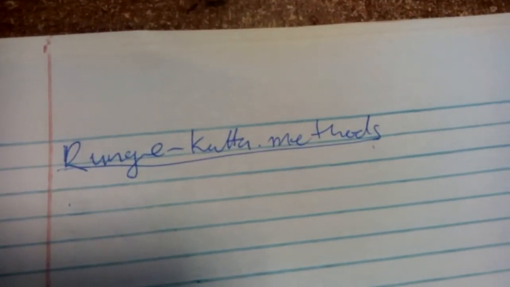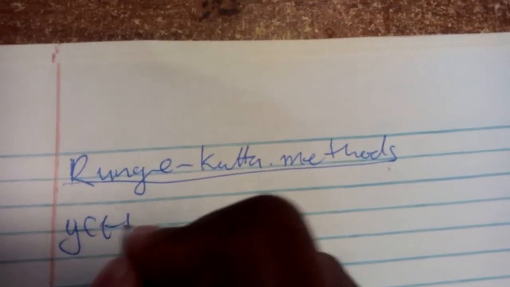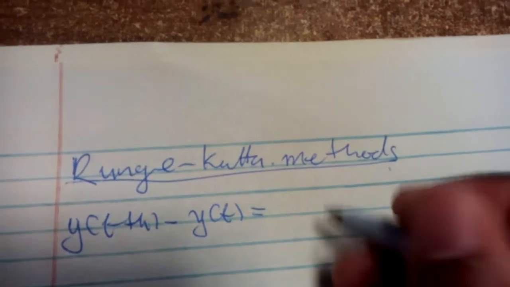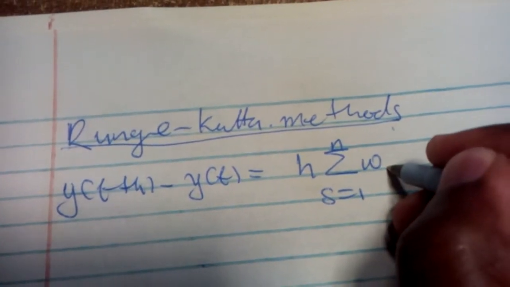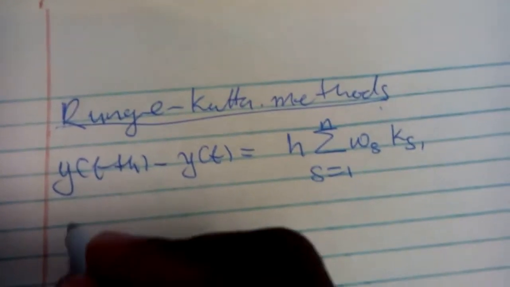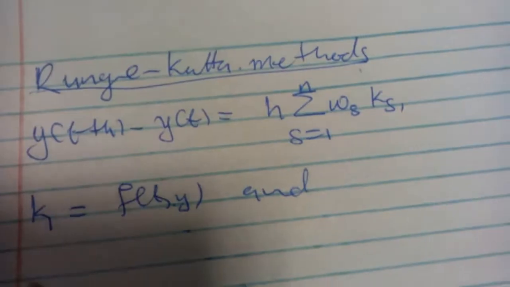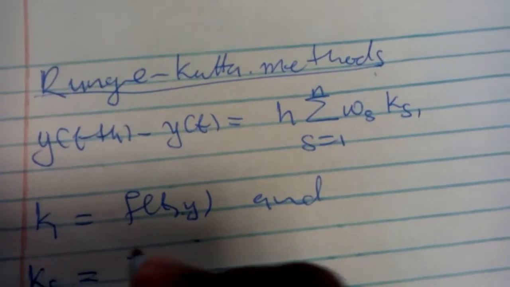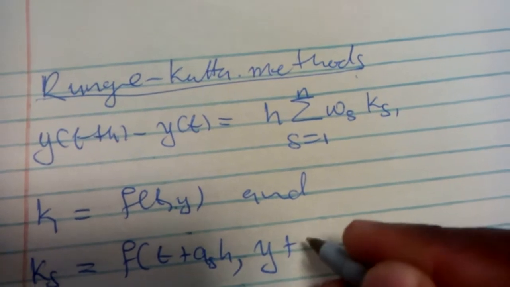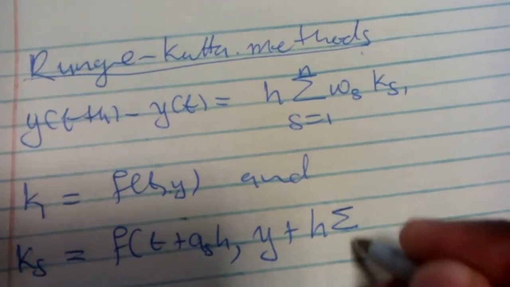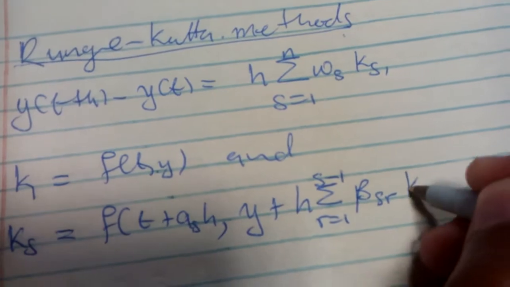The general form of an nth order Runge-Kutta is given by y(t+h) - y(t) equal to the sum from s equal to 1 up to n of w_s k_s, where k1 is nothing but your f(t, y), and your k_s is given by f(t + a_s h, y + h times the sum from r equal to 1 up to s-1 of beta_sr k_r).